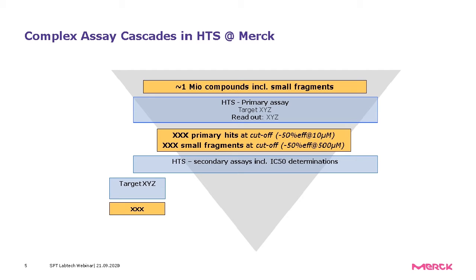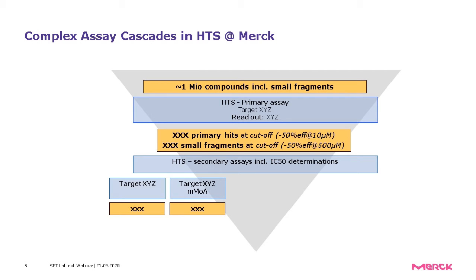Dose responses, that means that we test the compounds that we found in the primary screening. We test these compounds usually in 10 different concentrations. And we run these in multiple assays in the secondary screening, of course, on our primary target.